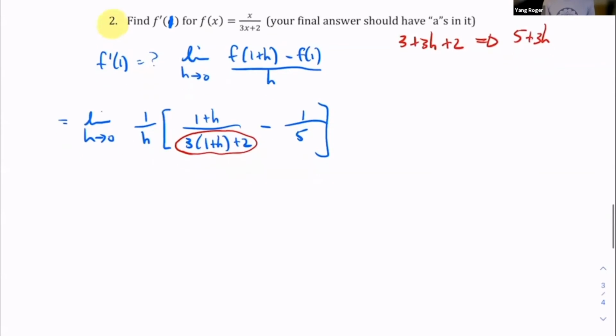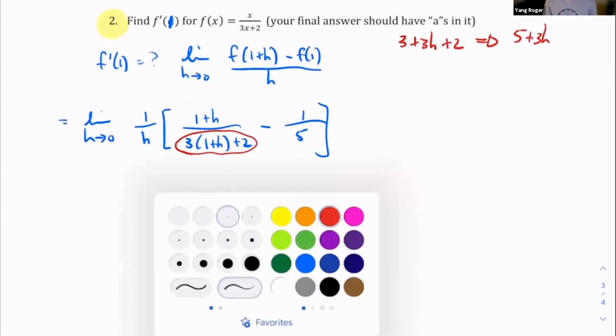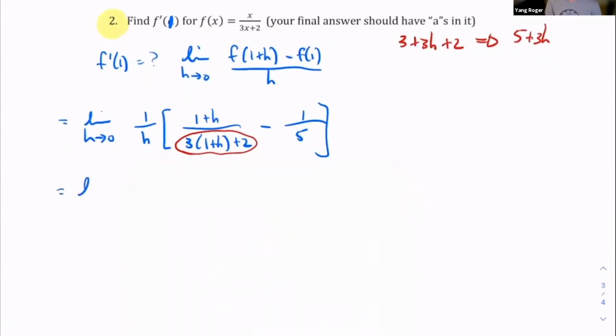So let's put it under a common denominator. So we're going to get the limit as h goes to 0. This is 1 over h. We're going to have a 5 plus 3h. And then I have to multiply by 5 because that's going to be our common denominator.